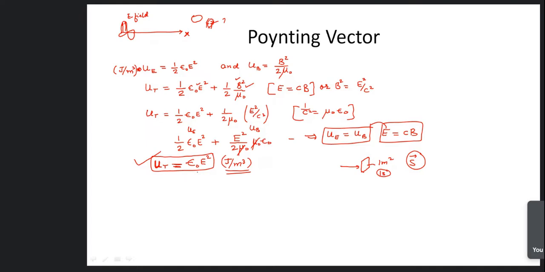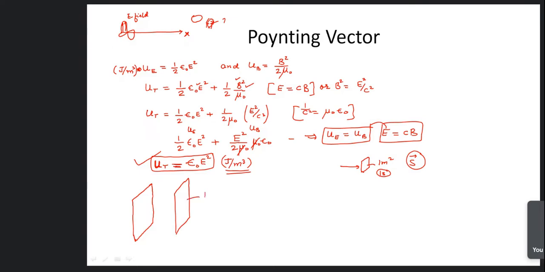There are two different ways of doing it. Let me do it this way. I choose a small region in the space through which an electromagnetic wave is propagating, and that region is between two parallel rectangular plates.